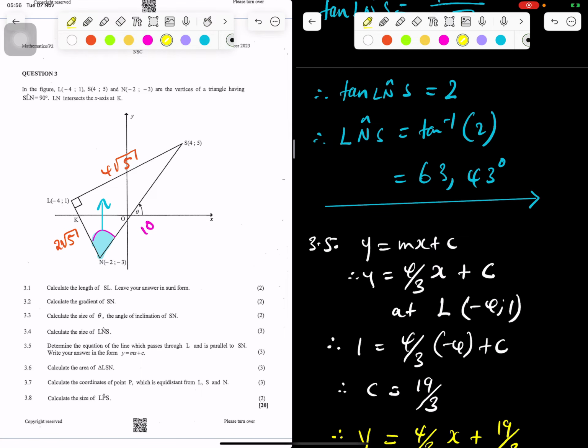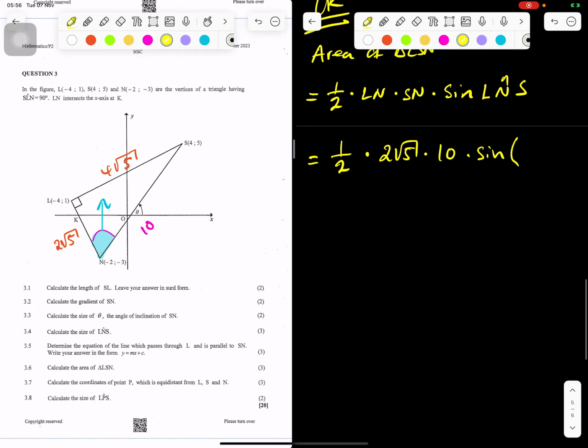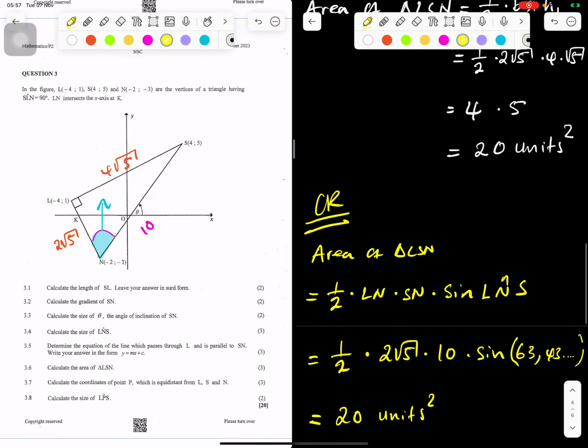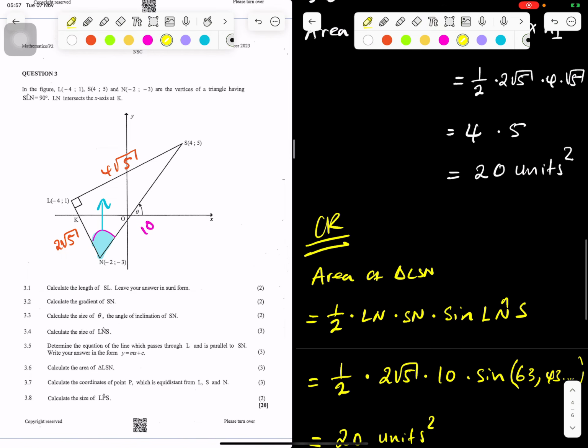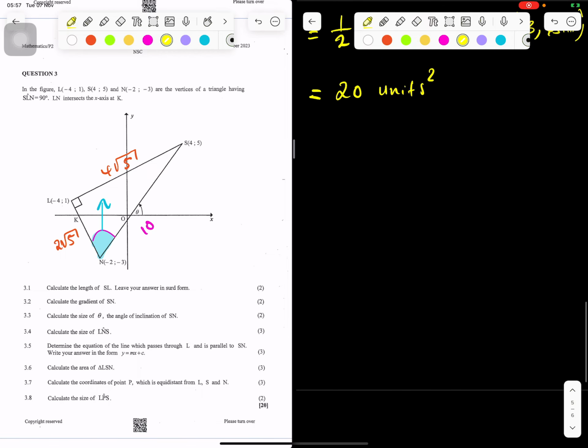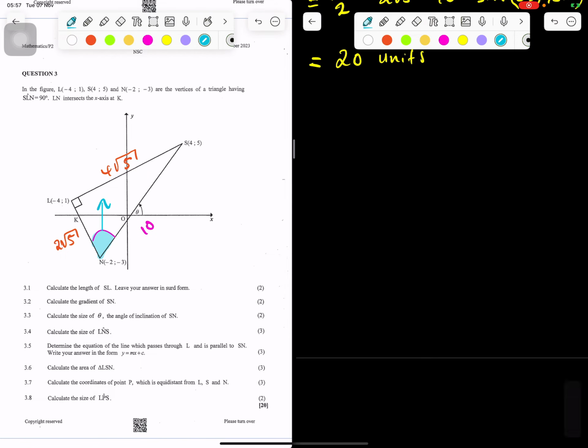Because I don't want to make mistakes, let me write 63,43 with those dots to say that I didn't round it off, because if you round it off, it's going to give you some weird stuff. So if you type that nicely, it's going to give you 20 units squared. So this is the alternative method to this particular problem. It wasn't really that bad, it was straightforward, and I think it's grade 10 content.